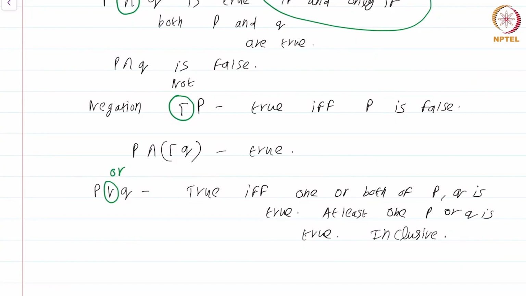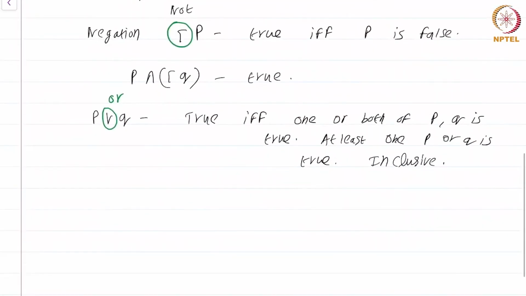You cannot go to the movie and watch the cricket match simultaneously, unless the theater happens to be telecasting the cricket match as a movie. So, OR is always inclusive in mathematics. If we want to use exclusive OR, we will say exactly one of P or Q is true.